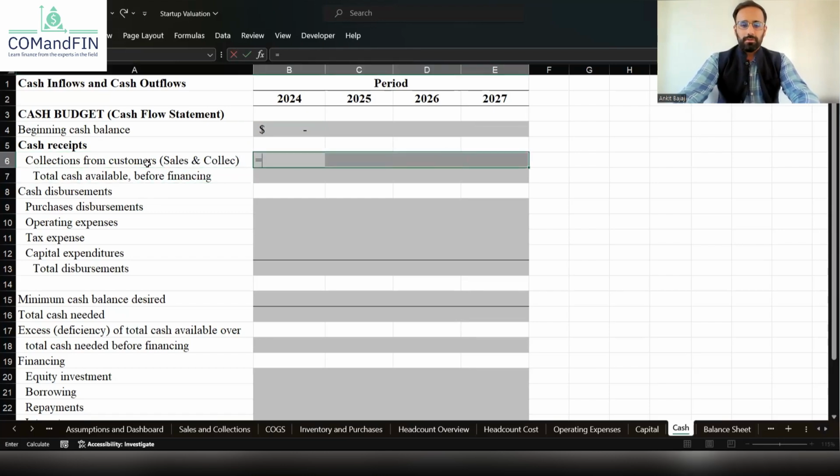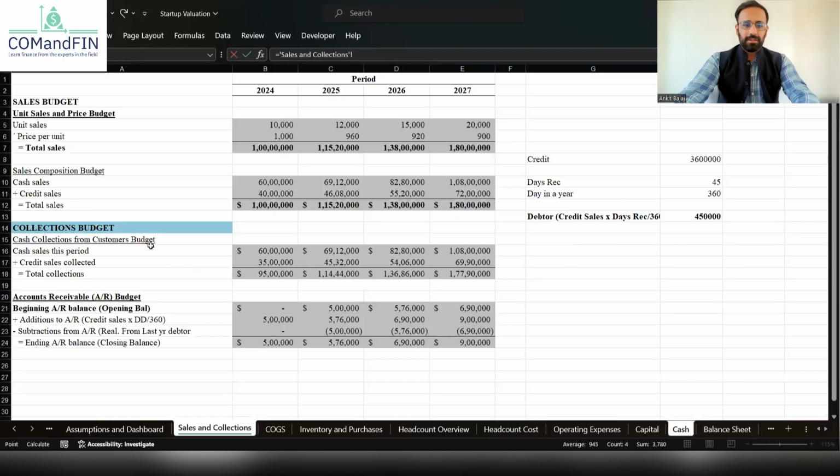So here we will go to the sales and collection sheet, and here I have highlighted this ledger. How much cash have you collected during the year? It is given. In the first year you have collected 95 lakh, then in the next year 1 crore 14 lakh, then 1 crore 36 lakh. So we have to carry this value into the cash budget sheet.